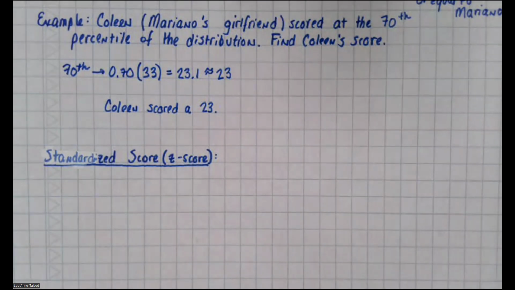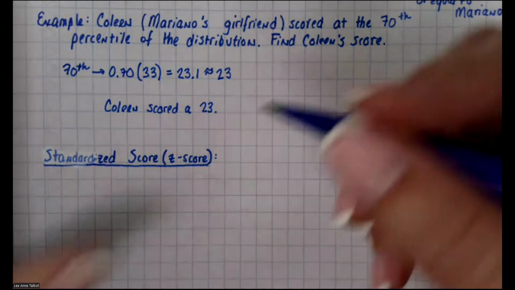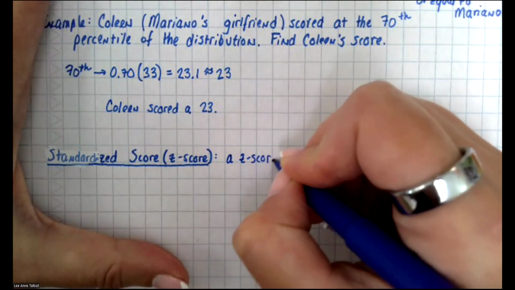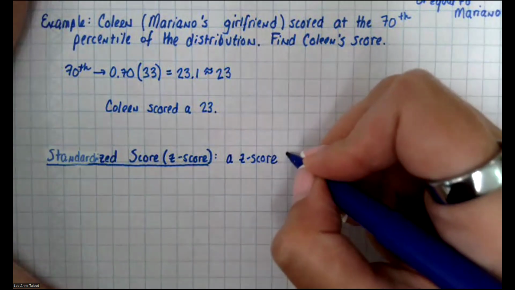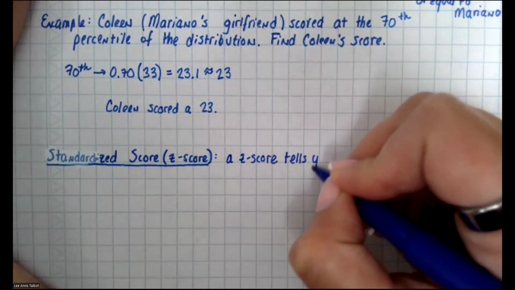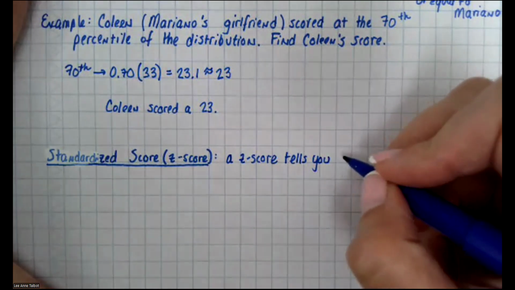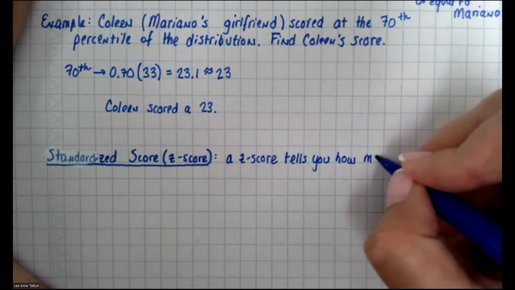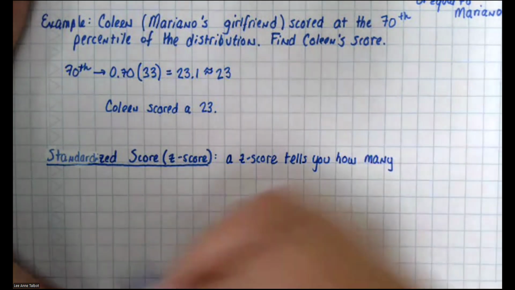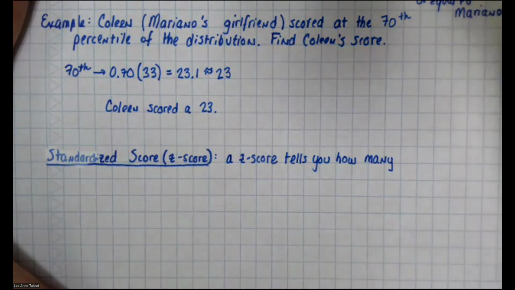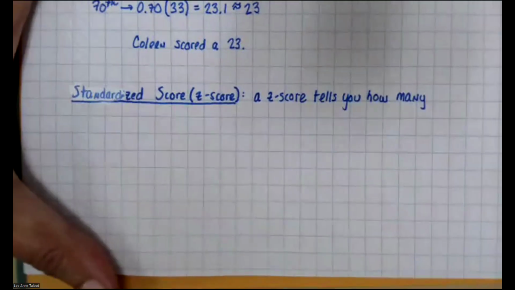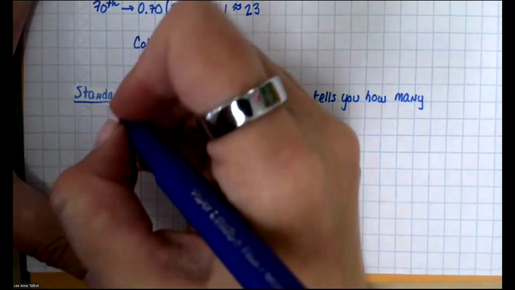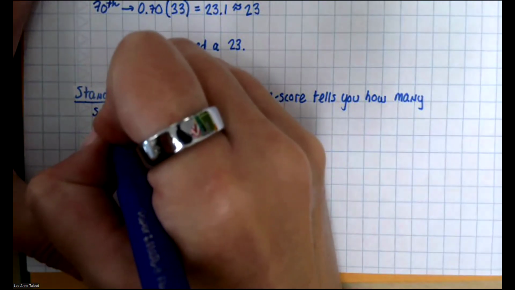Standardized score is Z-score. A Z-score tells you how many standard deviations a value is from the mean, and direction. Does anybody know what a Z-score is already? Did anybody know what percentiles were already? Nothing wrong with that.